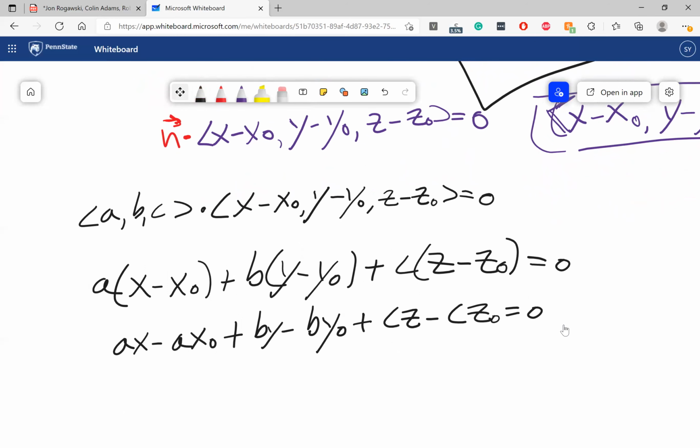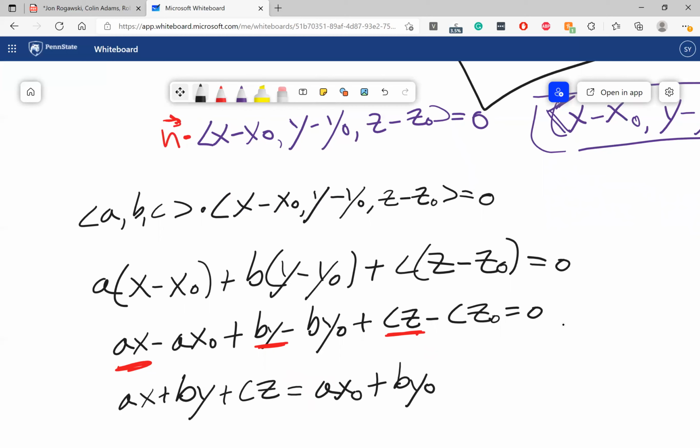And then what we can do is we can say ax plus by plus cz is equal to, and I move the coefficients to the other side, so I get ax0 plus by0 plus cz0.